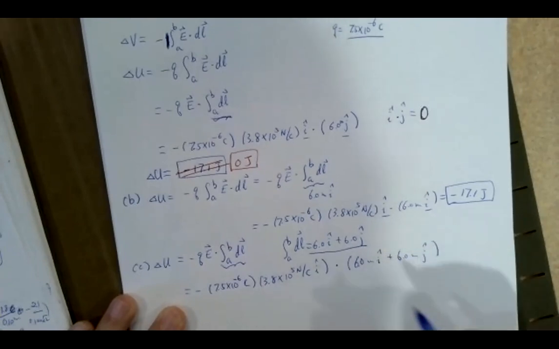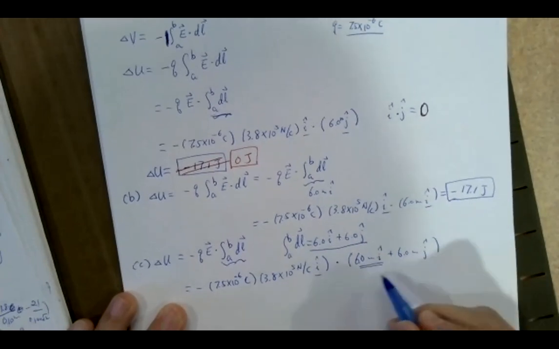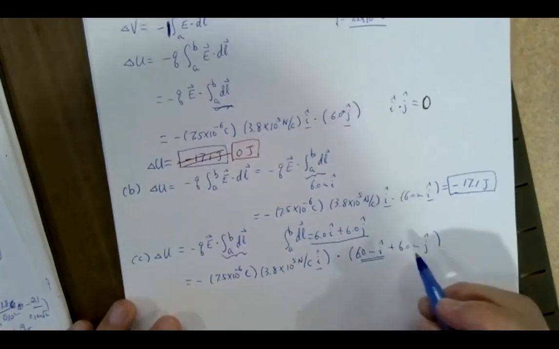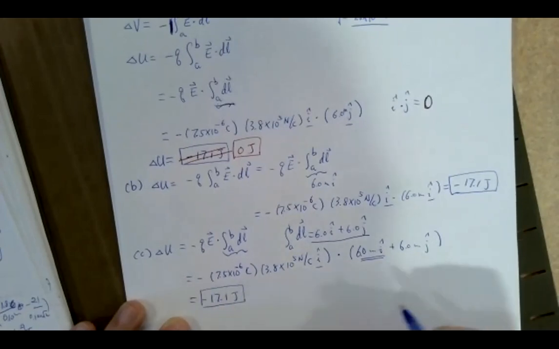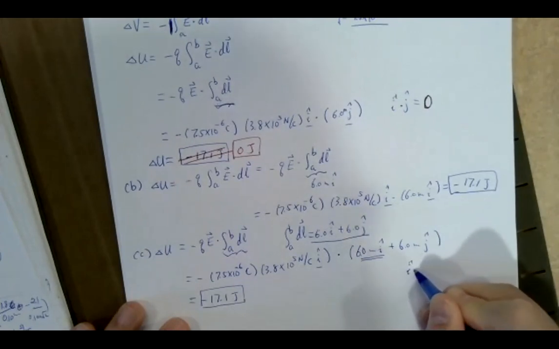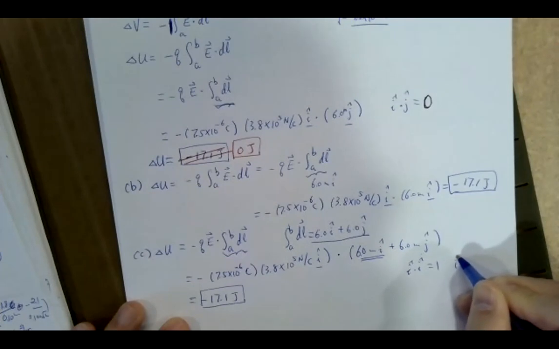You will only have the first term count because i dot j will be 0. So this will be the same result as you got in part B, minus 17.1. Again, i dot i is equal to 1, but i dot j is equal to 0.